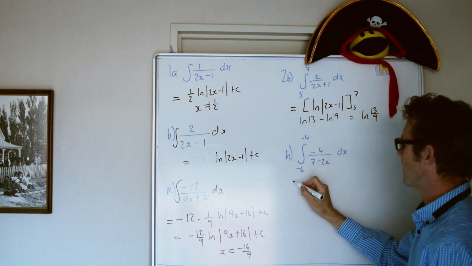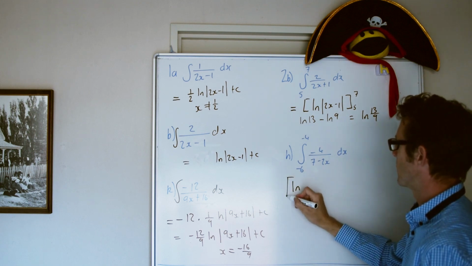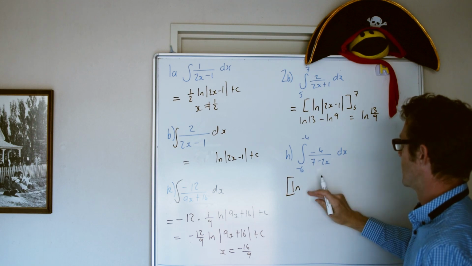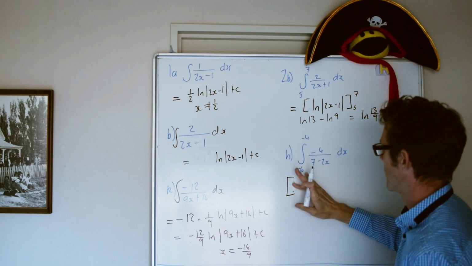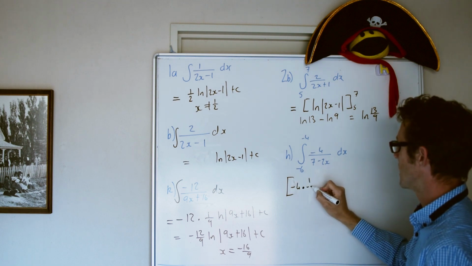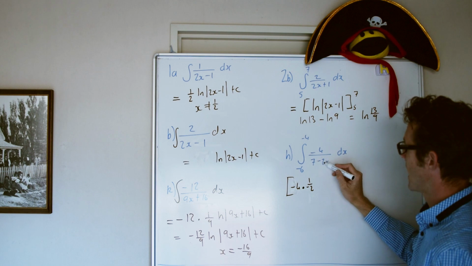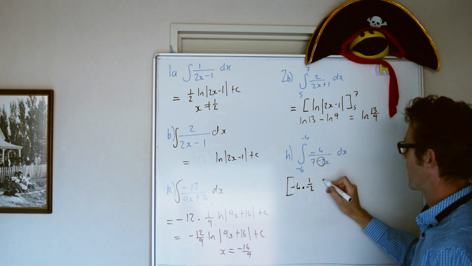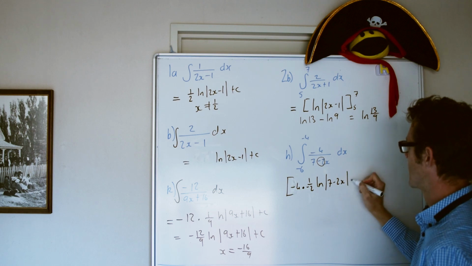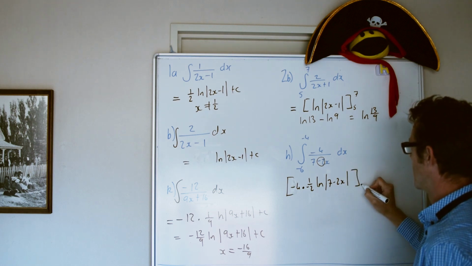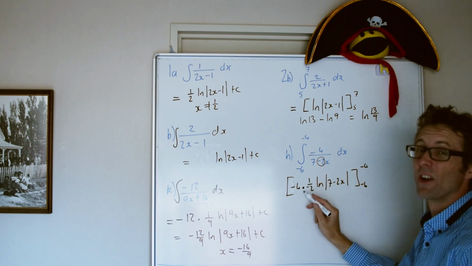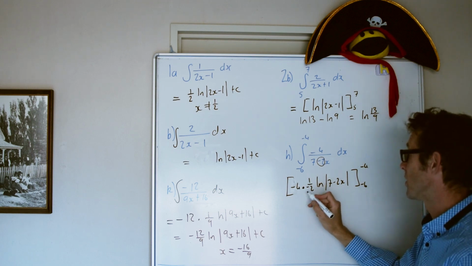With this one here, we'll put our big brackets in. Looks to me to be, oh wait a second, made a bit of a mistake there, minus 4 times 1 over negative 2. This is our a value here, and we're timesing by minus 4, ln modulus 7 minus 2x, and this is between minus 6 and minus 4. Minus 4 times 1 over negative 2 is simply positive 2.